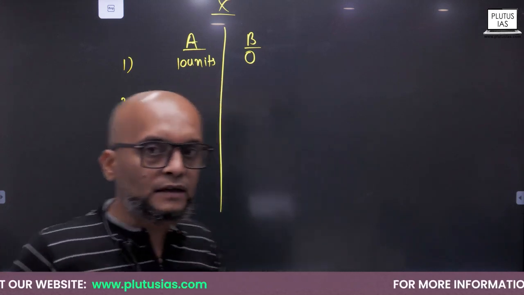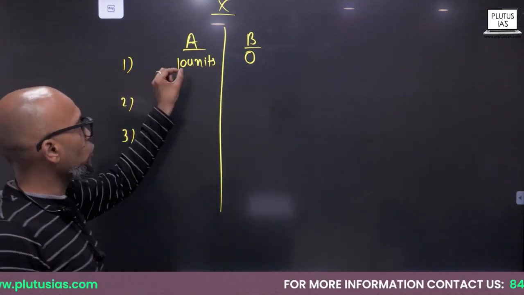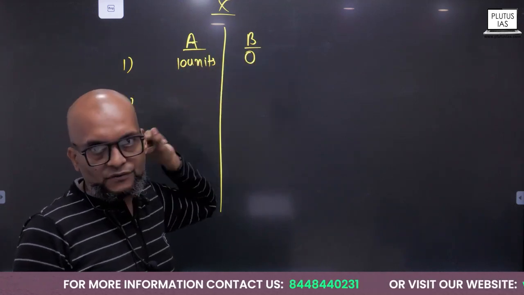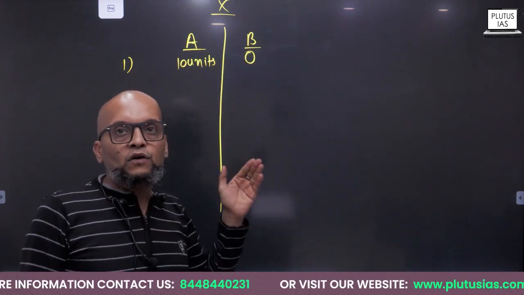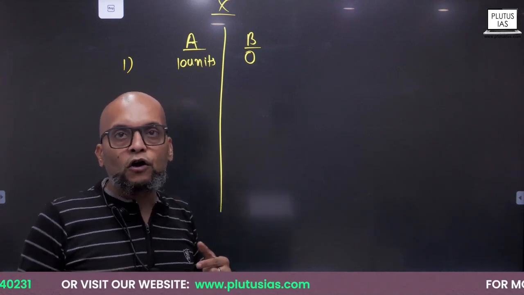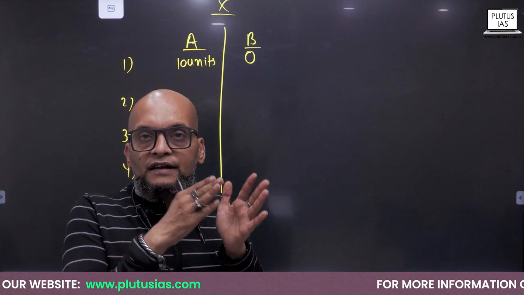Now, this economy decides to produce a few units of good B as well. So if this economy wants to produce good B along with good A, the economy has to shift resources.